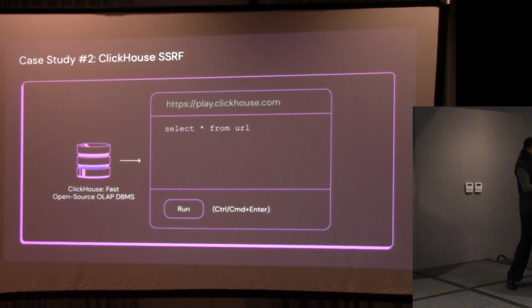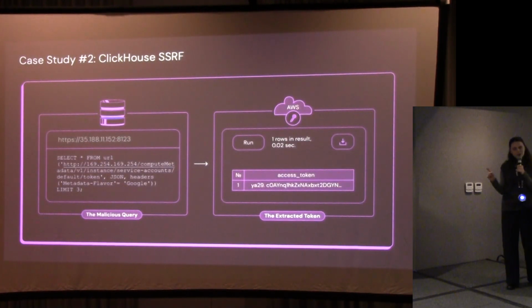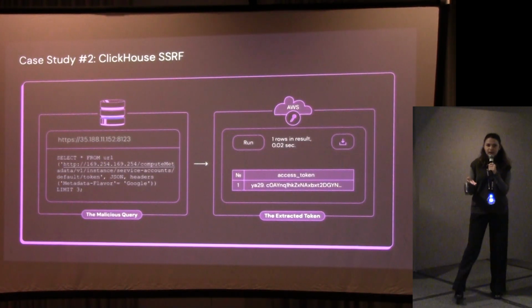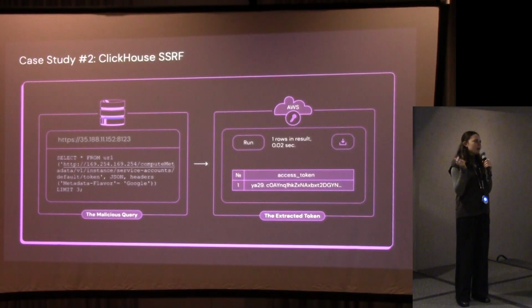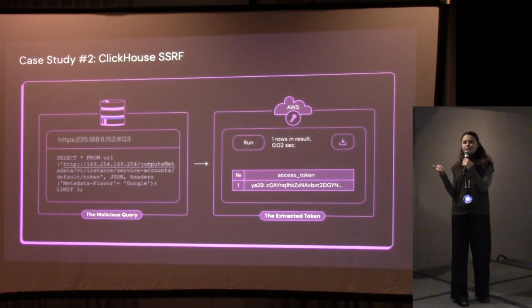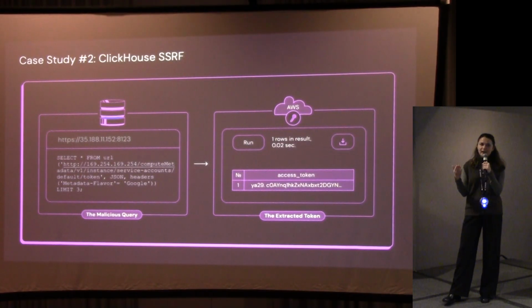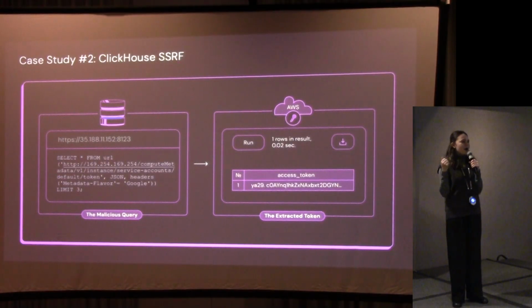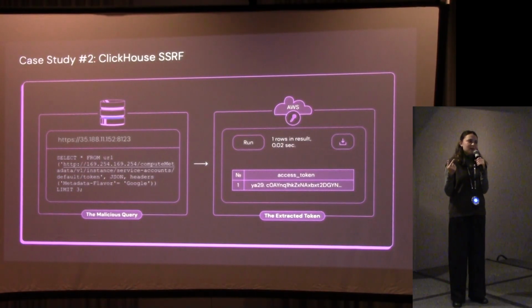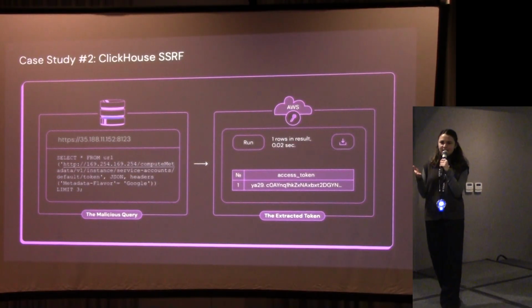And another really interesting thing here is that this feature, thank you ClickHouse, not only allows control over the URL, but it also allows control over headers. And if you remember, both Azure and GCP require a specific metadata header to be included in accessing IMDS.